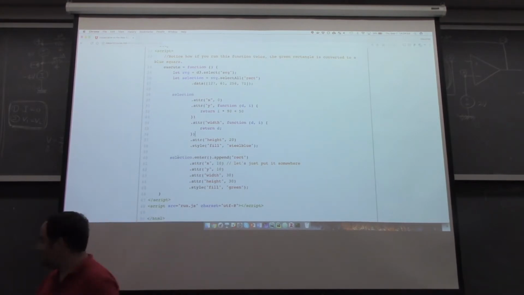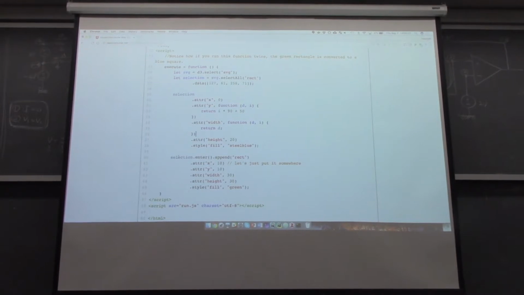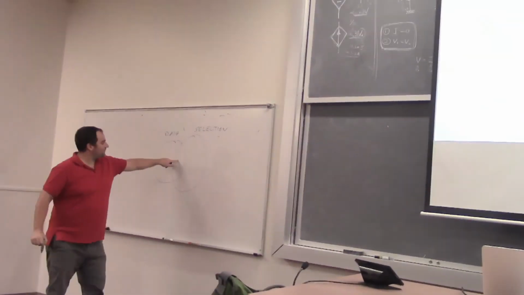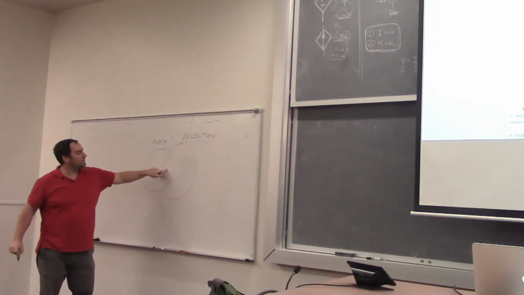You can think of this as a set. Here we have all the elements, let's say, in the data, and these are all the elements that we have in the selection. So here are the elements where we have both data and selections.